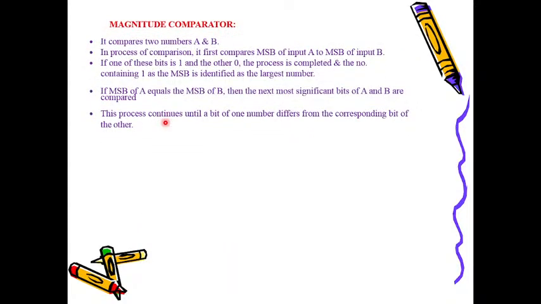Today we have to design a magnitude comparator. What is a magnitude comparator? From the name, you can easily identify what this circuit is going to be. Could anybody answer this? What do you mean by a comparator? Kindly put it in the chat.